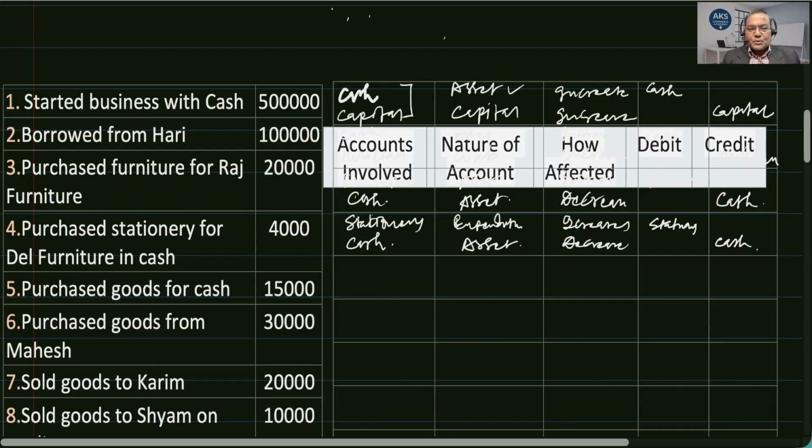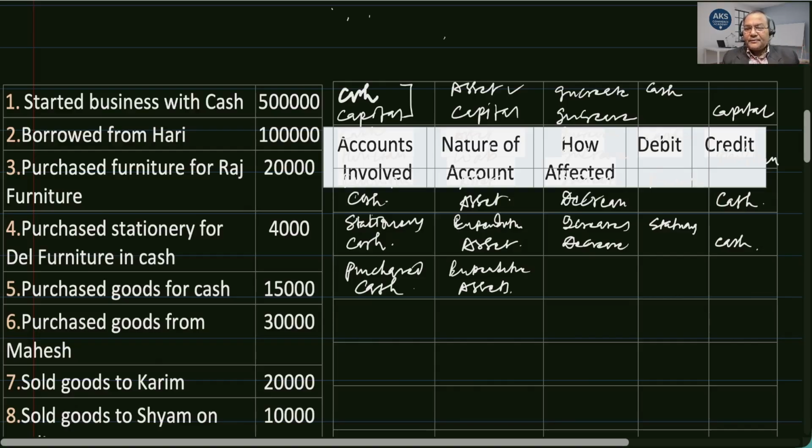Fifth one, purchase goods for cash. So when goods are purchased for cash, what is happening? How is it impacting us? So accounts involved, we name it as purchases, and second one is cash. So purchases, nature of account, is an expenditure, and cash is going out, so we will write here asset. So purchases debit, how it is affected?